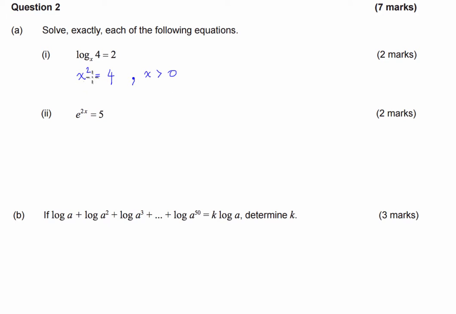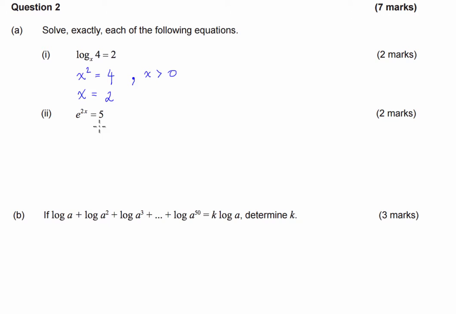Normally we could say x is plus or minus 2 because of the squared, but x has to be greater than 0. So in this case, x is equal to 2. Great, on to the next one.